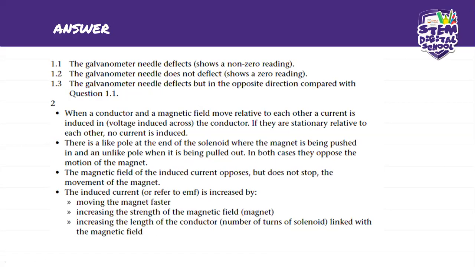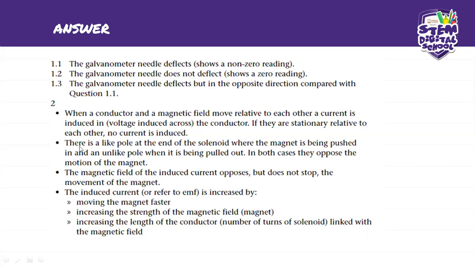Okay. So there is a like pole at the end of each solenoid where the magnet is being pushed in, and an unlike pole when it is being pulled out. Remember the diagram that we had, guys, where you had a magnet and the coil, and it shows the direction of the field that goes in from one side and comes out from another side.